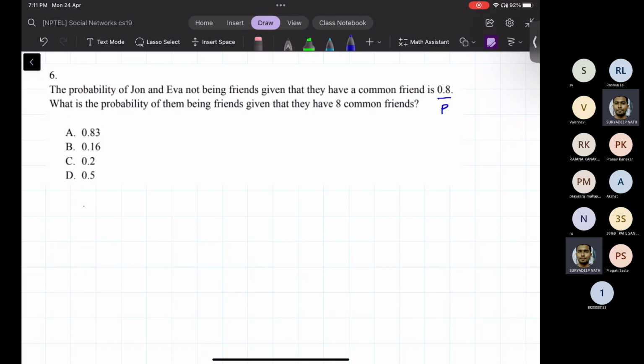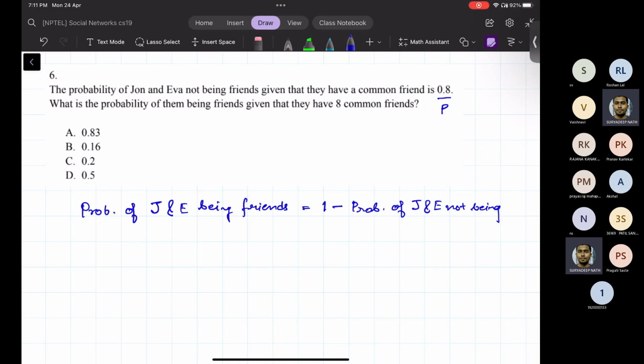Now we are asked the probability of J and E being friends. That would be 1 minus the probability of J and E not being friends.